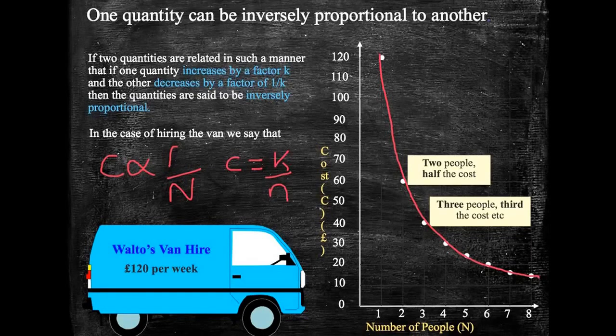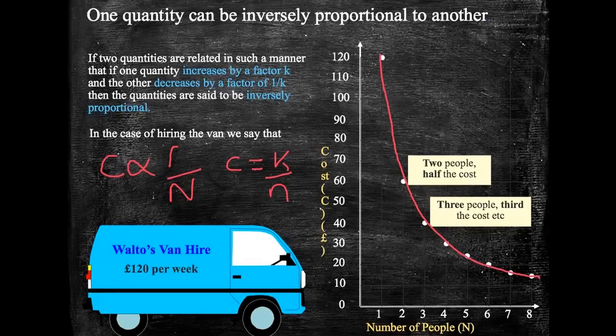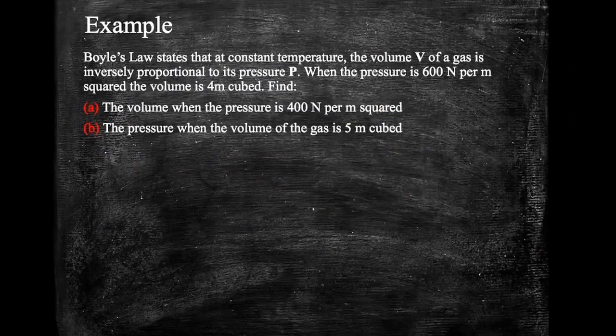We're going to do some more work on this in a second. Notice that the proportional sign's the same. We're still converting from the proportional symbol into a k, so we can work out our constant of proportionality.